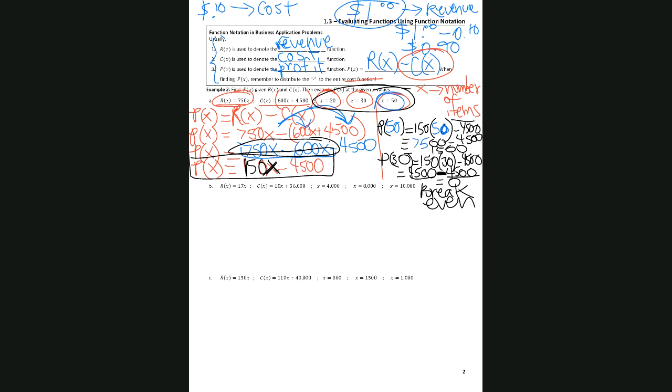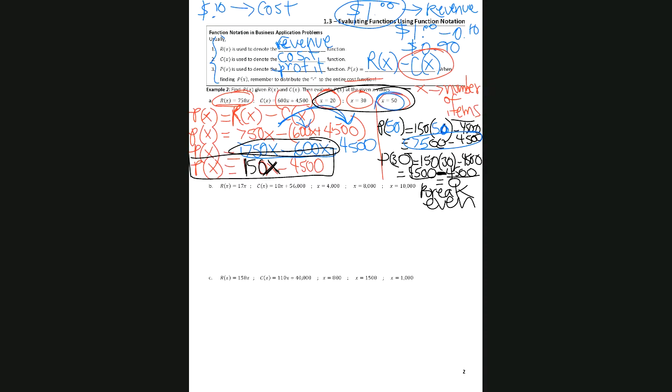So if we have 7,500 times, I'm sorry, not times, but minus 4,500, then what we're going to find after subtracting those, I'm trying to erase this, it's a little difficult.